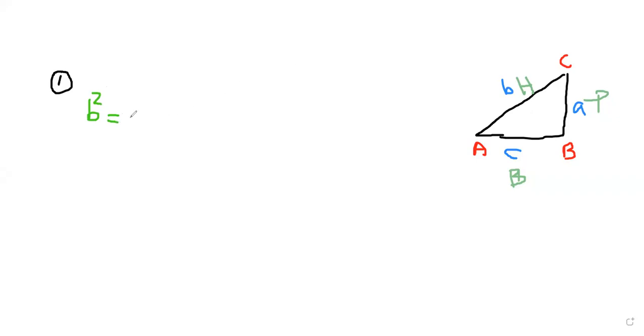So b square will be equal to c square plus a square.